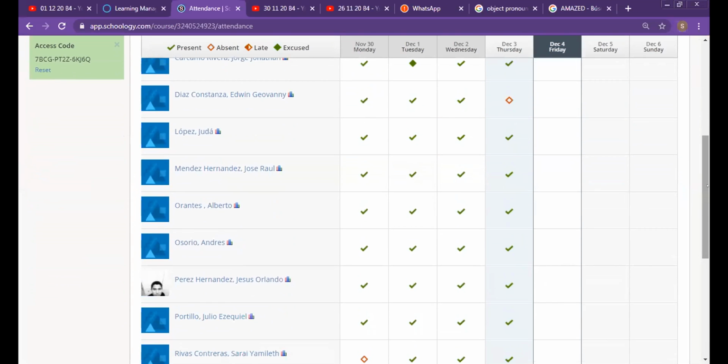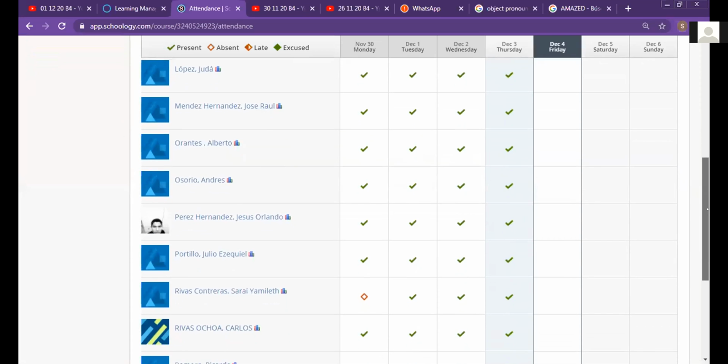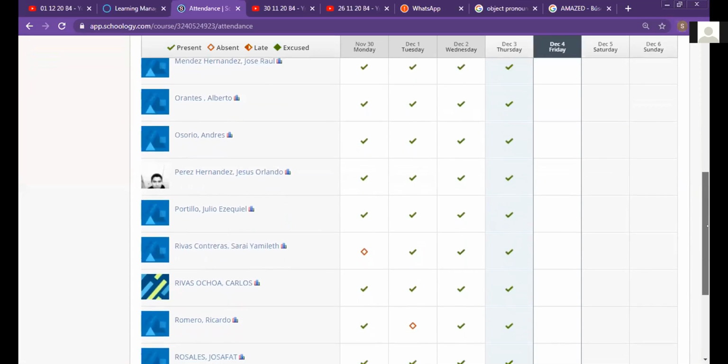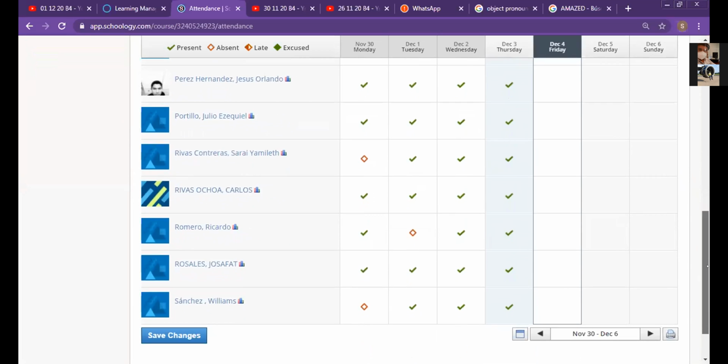Present. José Raúl Méndez. Present. Alberto Orantes. Present. Andrés Osorio. Andrés is here also. Jesús Orlando. Present. Julio Ezequiel Portillo. Present. Saraí Rivas. Present.